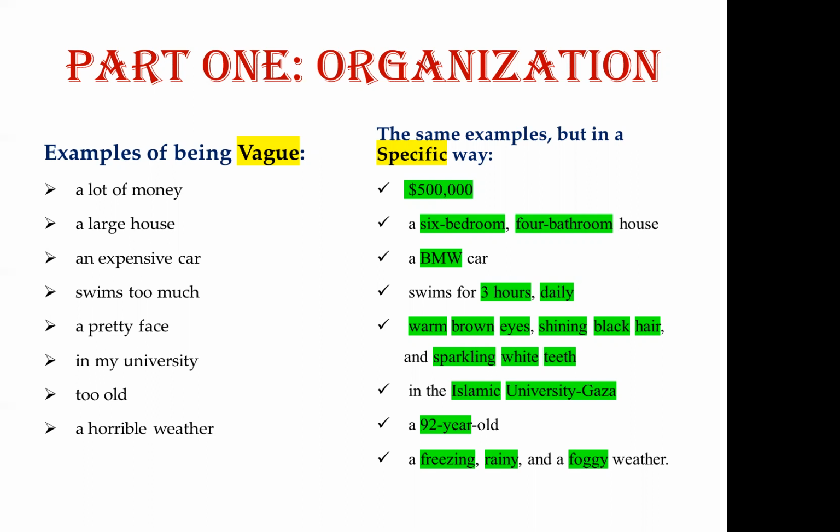In my opinion, the most important part in writing a descriptive paragraph is to put more specific details so the reader can understand what you mean and can imagine the picture that is drawn by only using words.